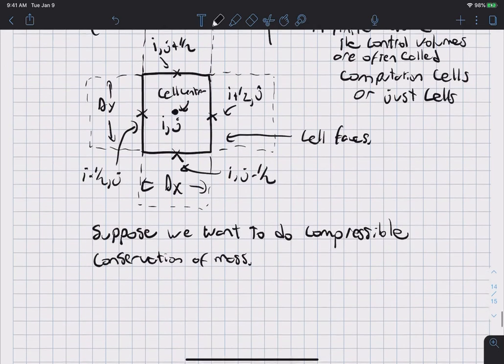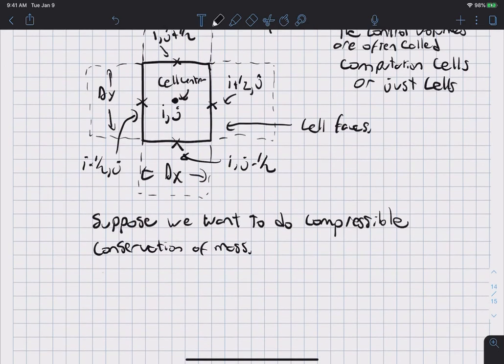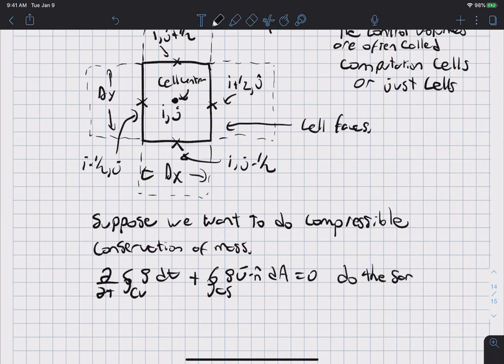Well, with finite volume, we use the integral form: partial t of the integral over the control volume of rho dV, plus the surface integral of rho v dot n hat dA, and that's equal to 0. So for finite volume, we start from here. We start from the fundamental conservation law itself. And essentially, you do the same thing that you have always done.